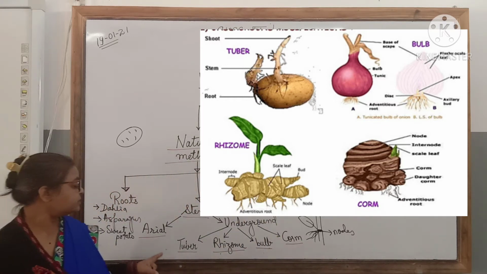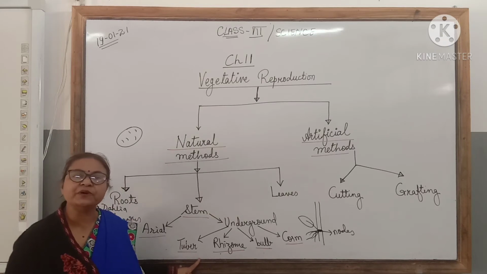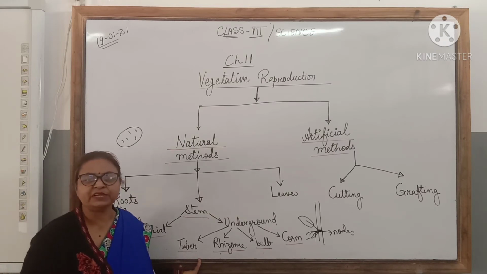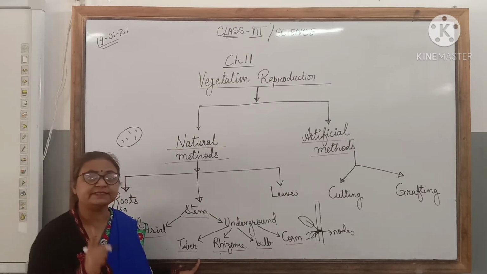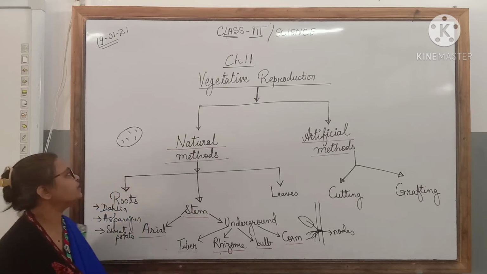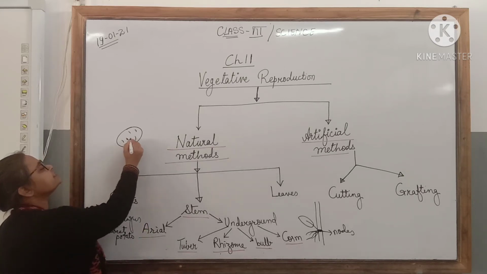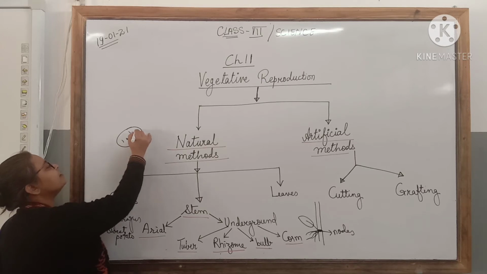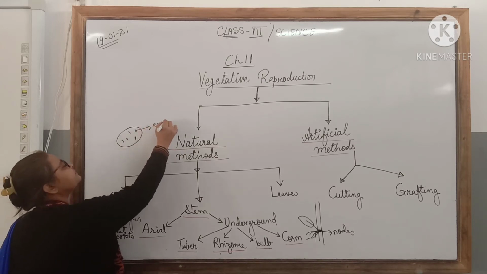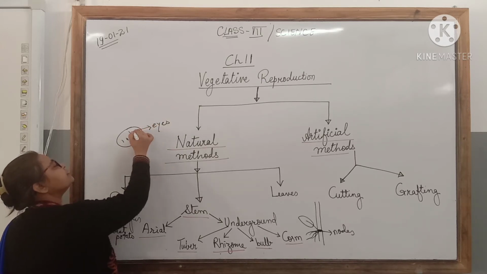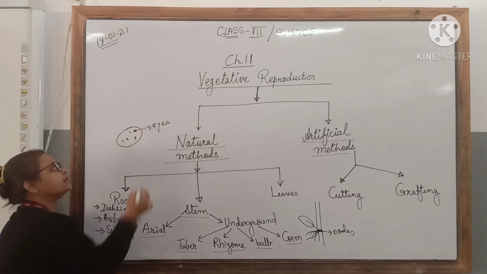Tuber. The best example for tuber is potato. Potato is not root, it is underground stem. On the potato, you must have seen structures like this. These are called eyes, and these are nodes actually.